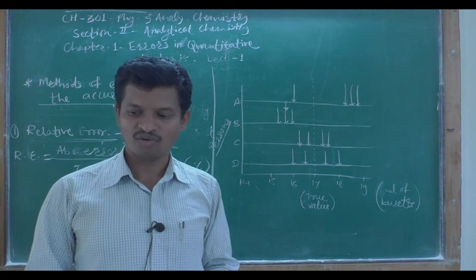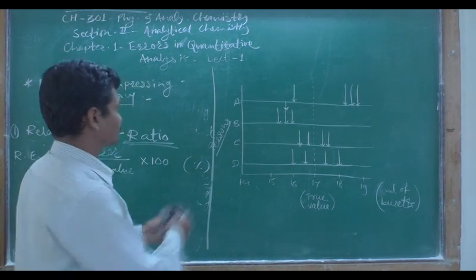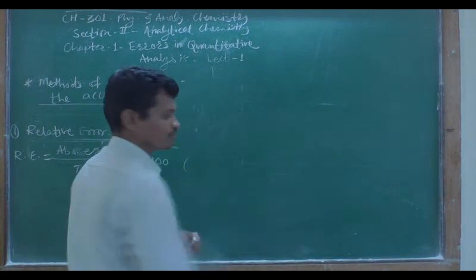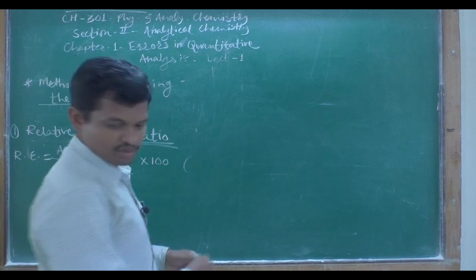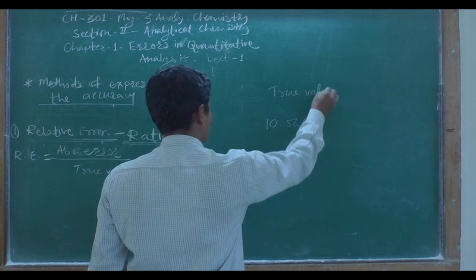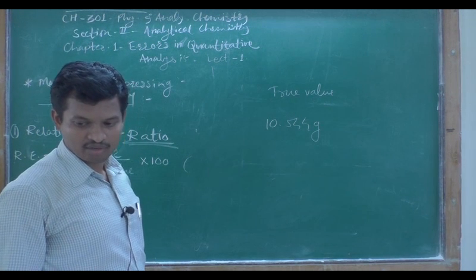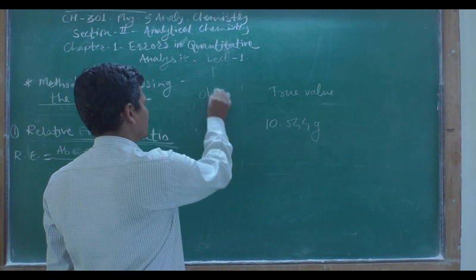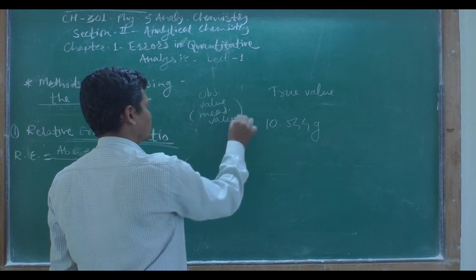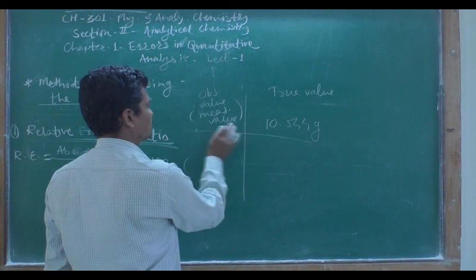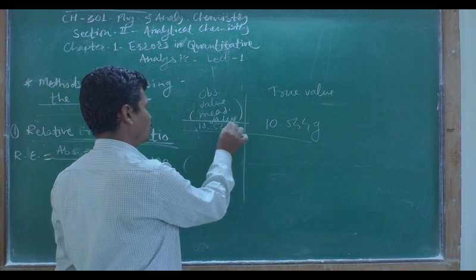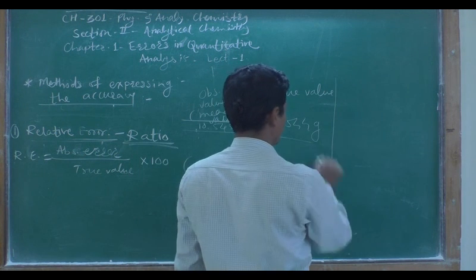For example, if we have to take the measurement of 10.544 gram, this is the true value, and your observed or measured value for this particular observation is 10.545 gram. Then what is the absolute error?